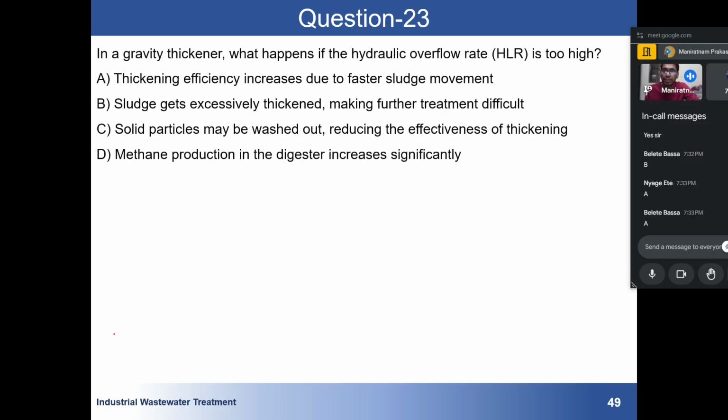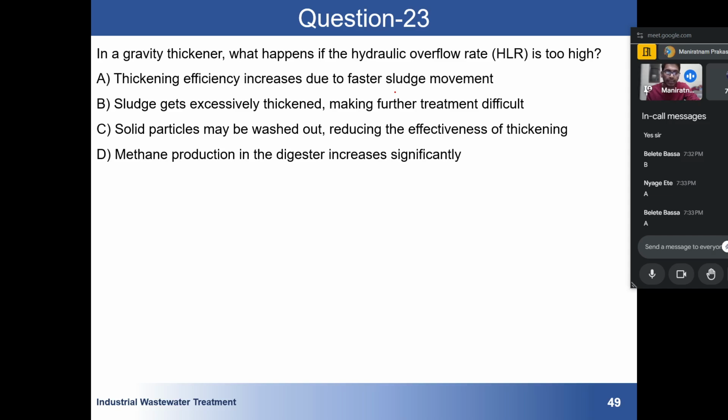Question number 23. In a gravity thickener, what happens if the hydraulic overflow rate is too high? Hydraulic overflow rate, that is HLR, HOR, I don't know, is too high. We know that we have a gravity thickener to dewater our sludge in sludge handling.